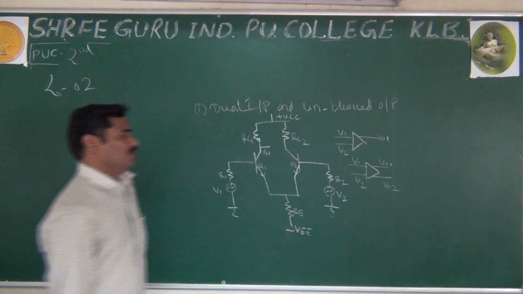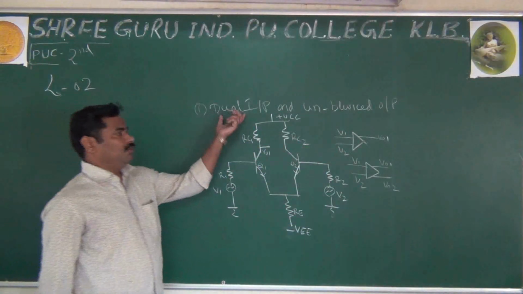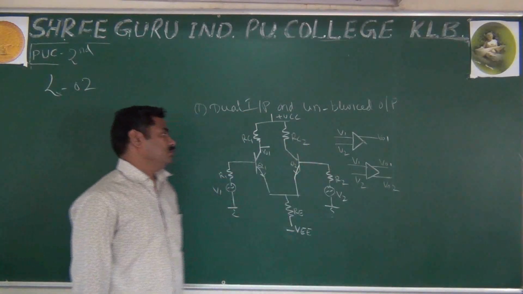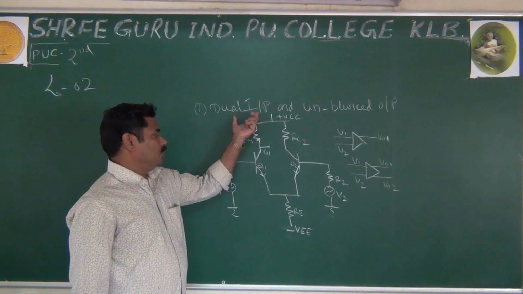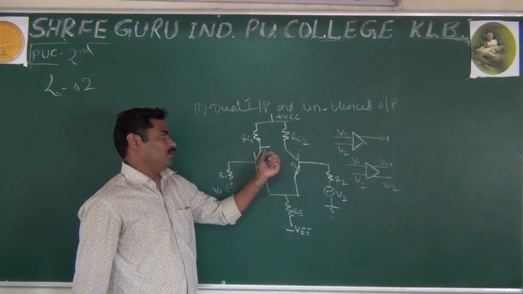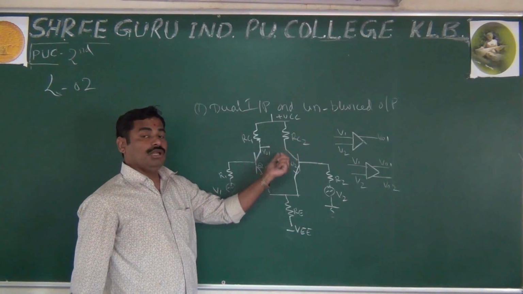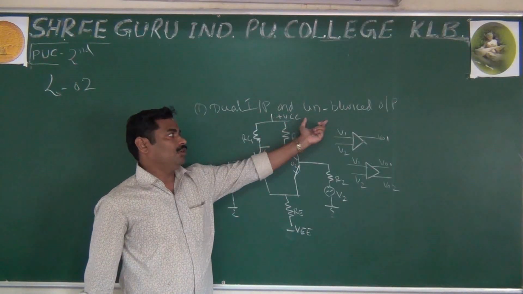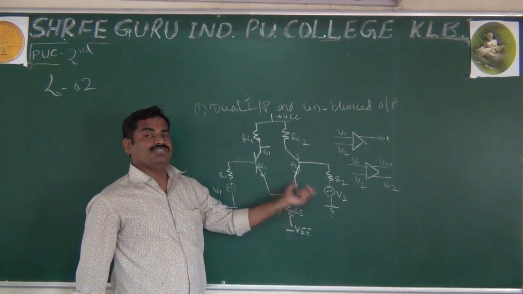So you can symbolically represent the dual input and unbalanced output differential amplifier. In dual input you have two inputs, but in unbalanced you have only one output, maybe here or here. That is your dual input and unbalanced output differential amplifier.